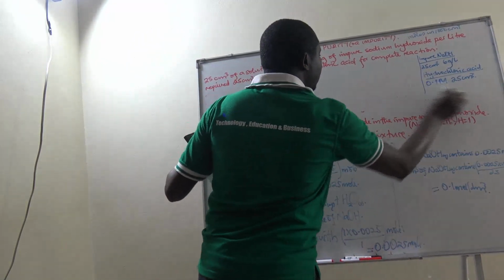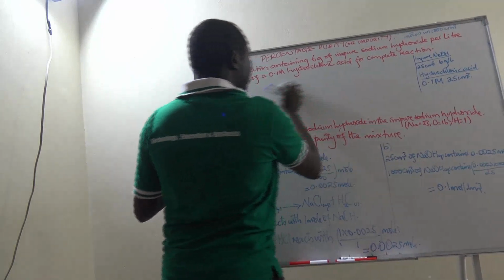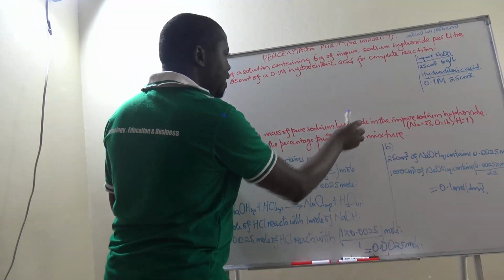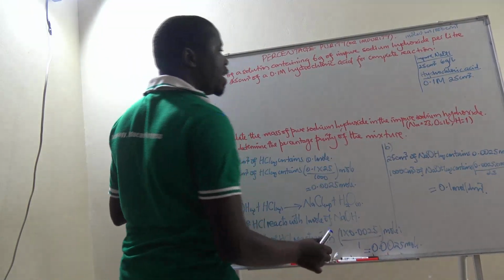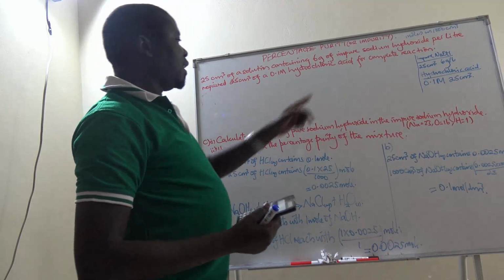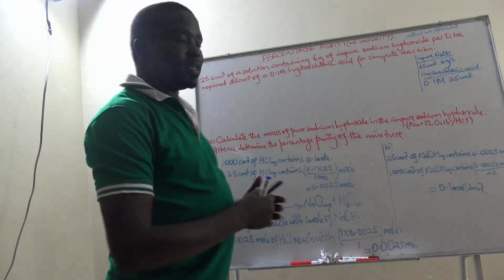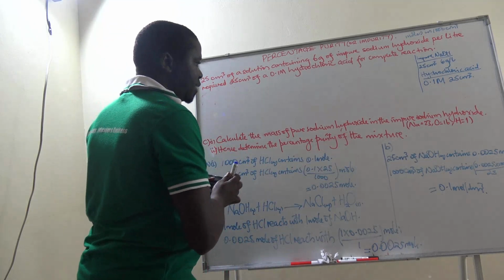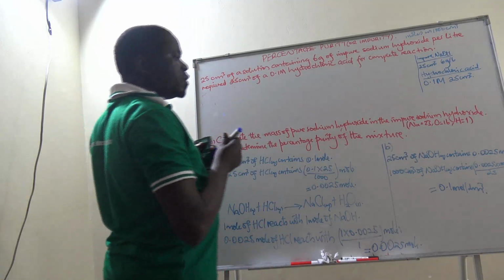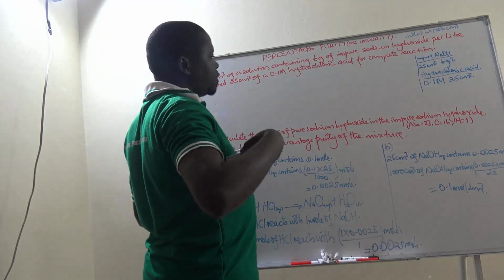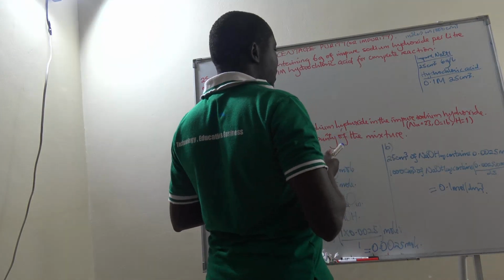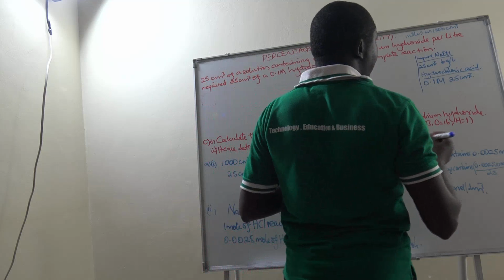So let's go for the mass of pure sodium hydroxide in the impure sodium hydroxide, given the values of relative atomic masses of the elements found in sodium hydroxide. So we are going to get the mass of sodium hydroxide in the impure sodium hydroxide.